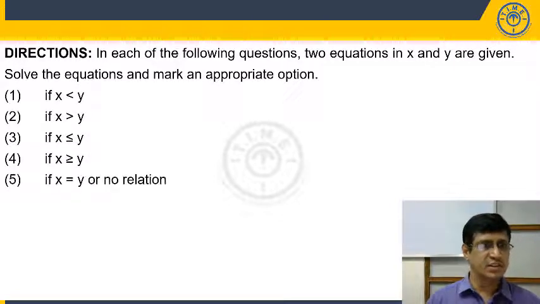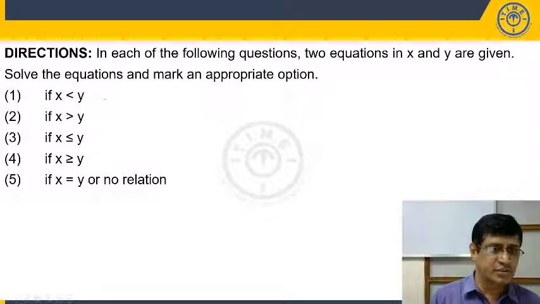Now look at the first directions. In each of the following questions, two equations in x and y are given. Solve the equations and mark an appropriate option. What are the options here? If x is less than y, mark choice 1.